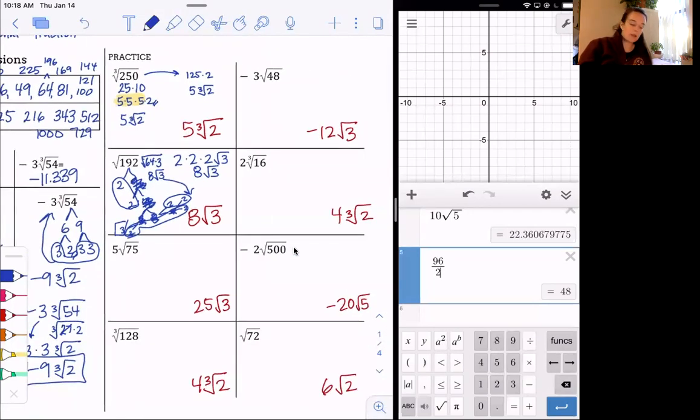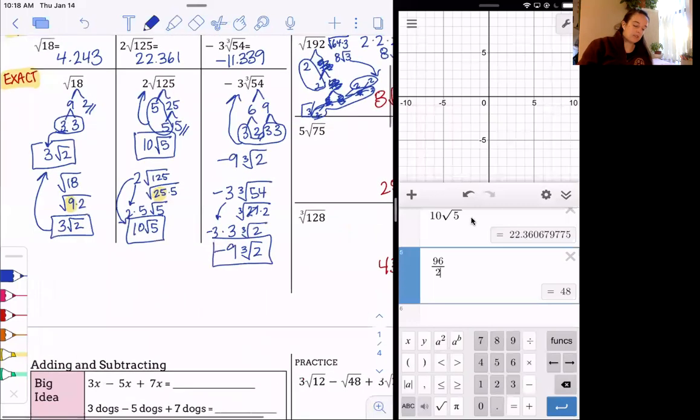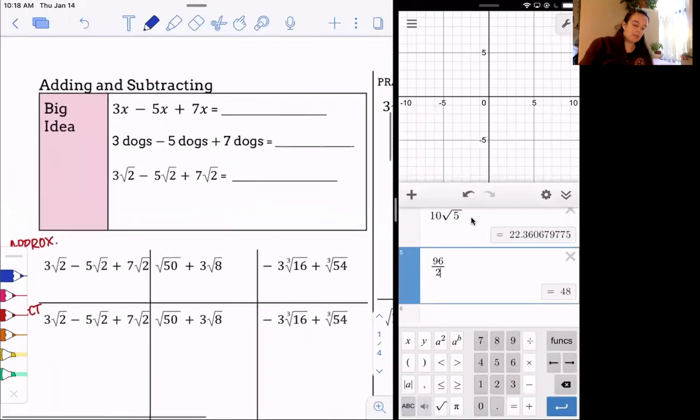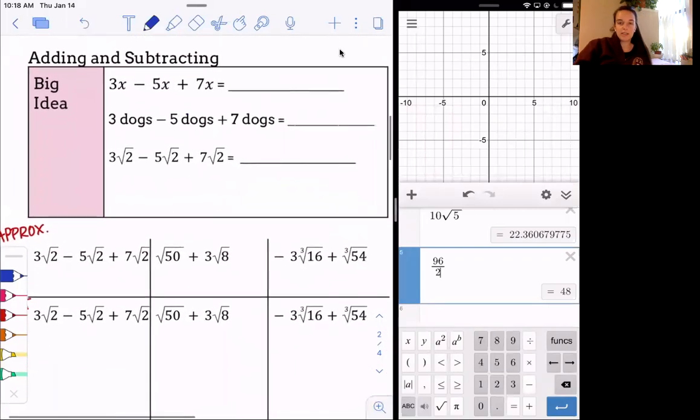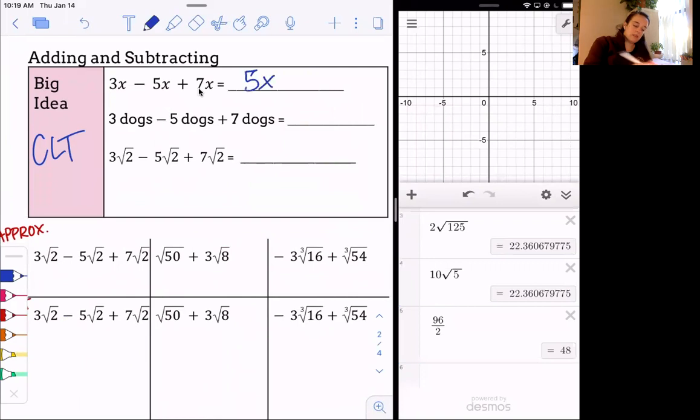Okay, so what I want us to take a look at then is this next question, which is adding and subtracting here, right? With adding and subtracting, the big idea is that we just need to combine like terms. Just like 3x minus 5x plus 7x would be positive 5x.